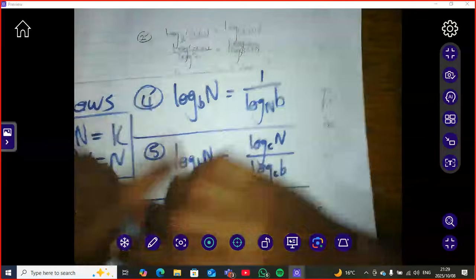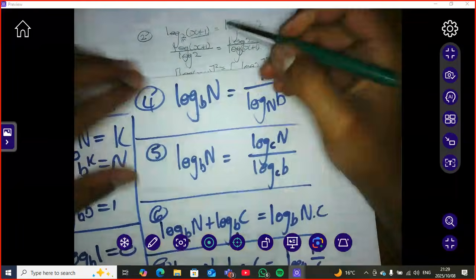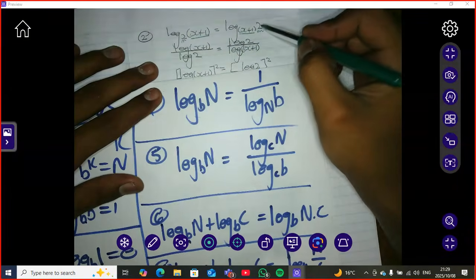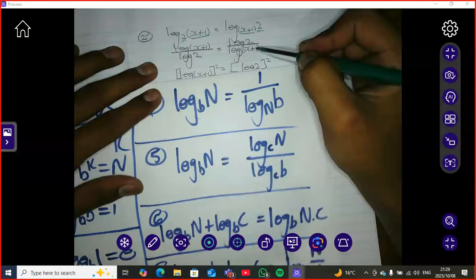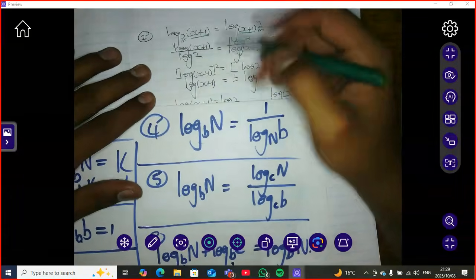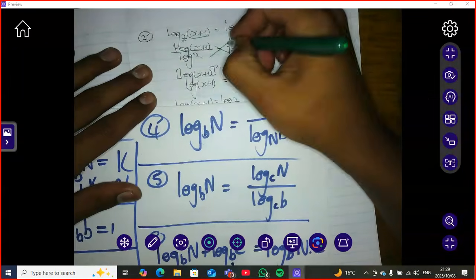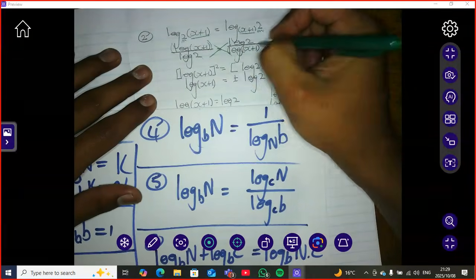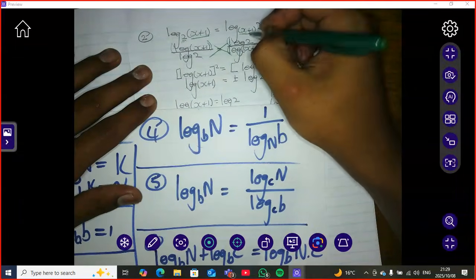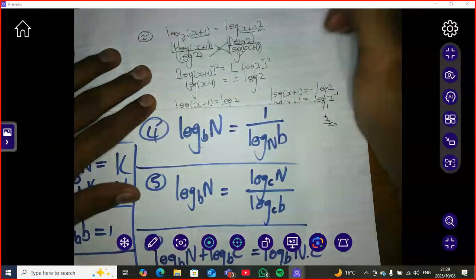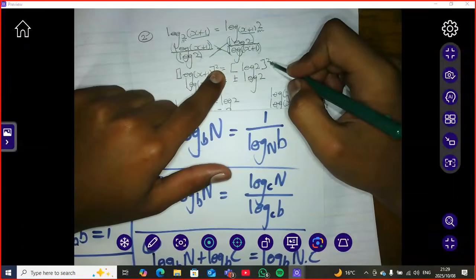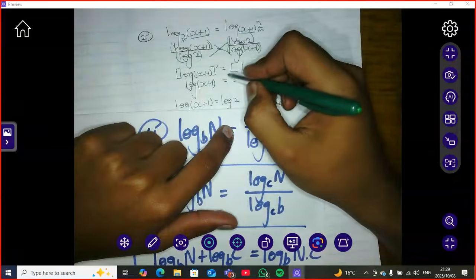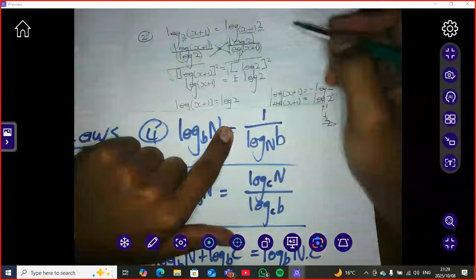When I do that, the number goes on top, the base goes at the bottom, the number goes on top, the base goes at the bottom. Then I can cross multiply these. Because this is the same as this, and this is the same as this here, it becomes squared. Then I square root both sides. I square root there and I square root there.